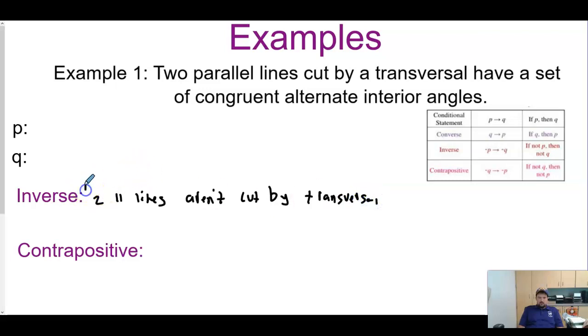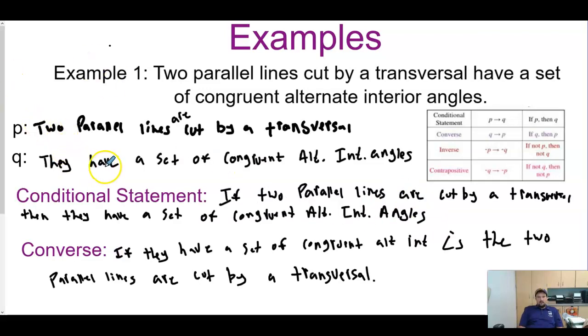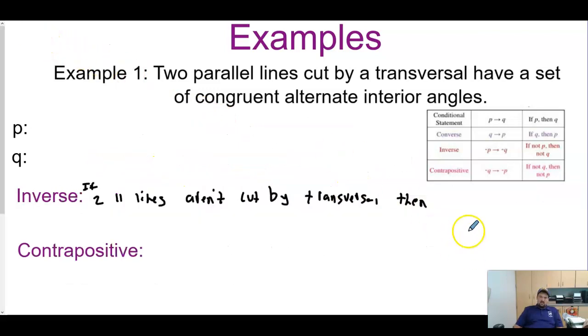I forgot the if at the beginning. Then, what was my Q? They have a set of congruent alternate interior angles. We're going to say they don't have a set of alternate interior angles.